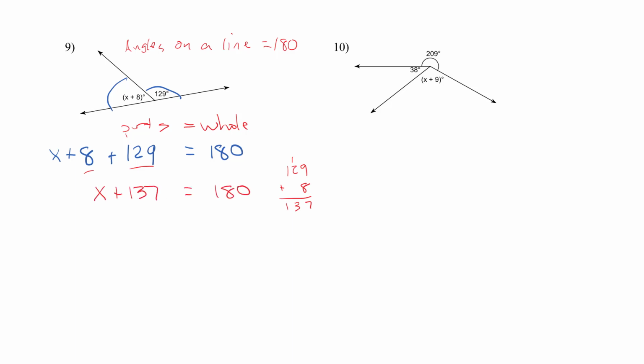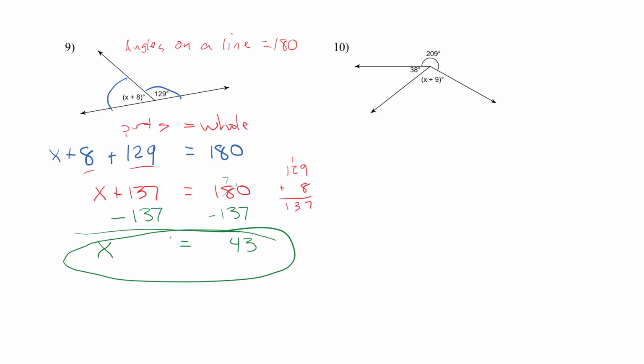And then I've got x plus 137, so I need to subtract 137 to undo it. I also need to do it from this side. So I get x is equal to, let's see, just do some quick borrowing here. There we go. There's my answer.